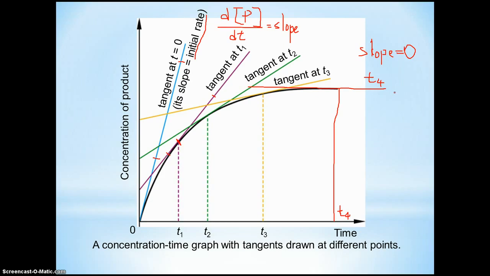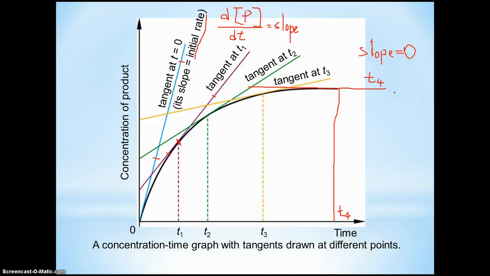The concentration time graph itself is very, very important when we are studying the rates of reaction. We will learn a lot more about the rates of reaction on the curve and some other calculations later. So, as a conclusion to this part, we have learned how to read a concentration time graph.